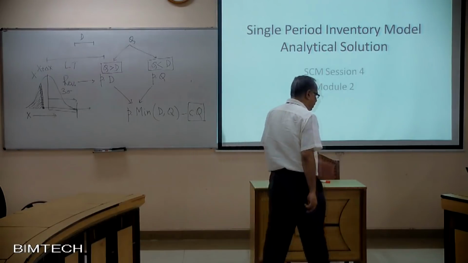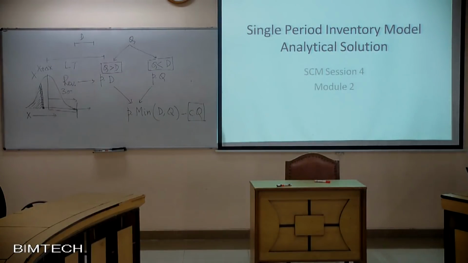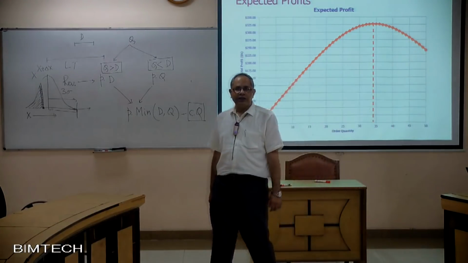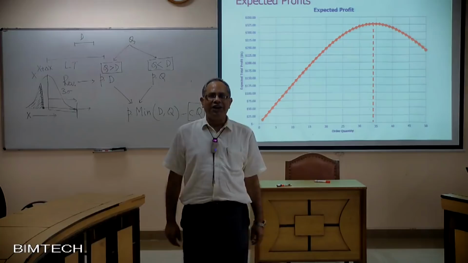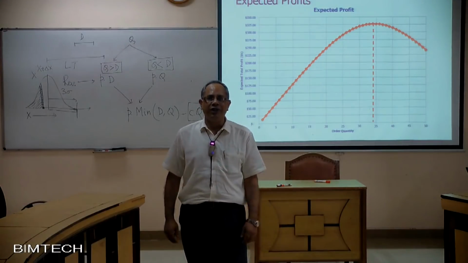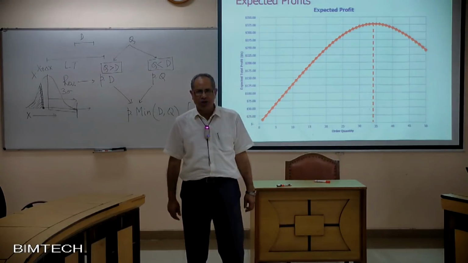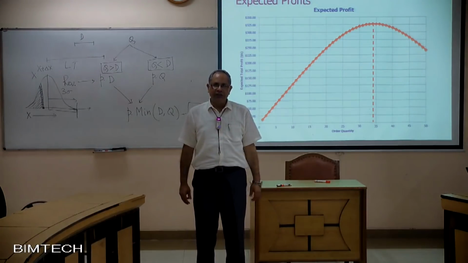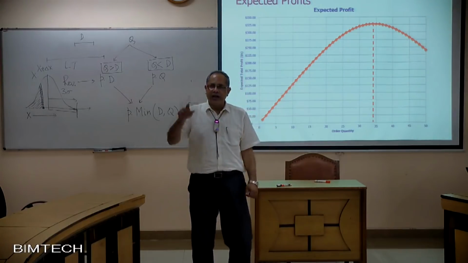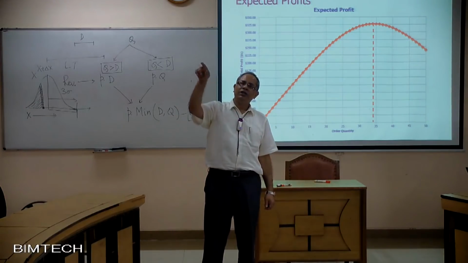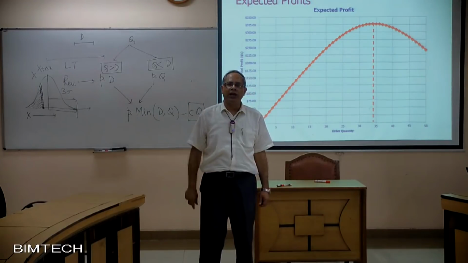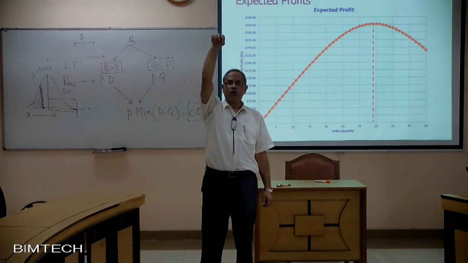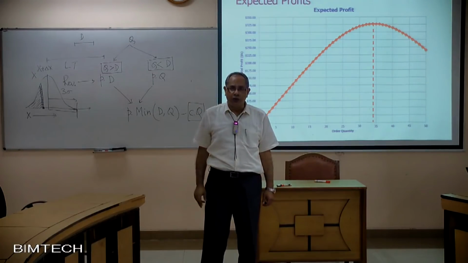To understand what we are talking about, you remember we had done a plot of the expected profits versus order quantity from the Excel worksheet in the last module. And the curve that we had got was a kind of parabolic curve where the maximum profit corresponded to our value of Q star.